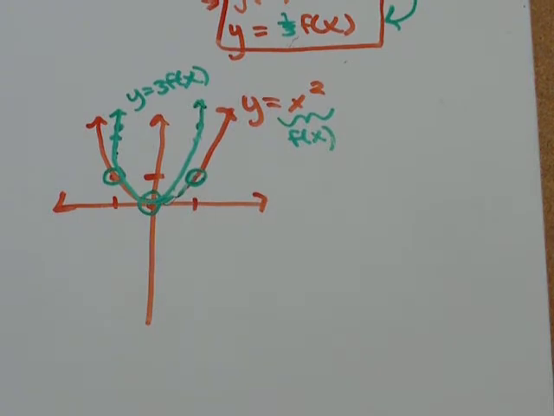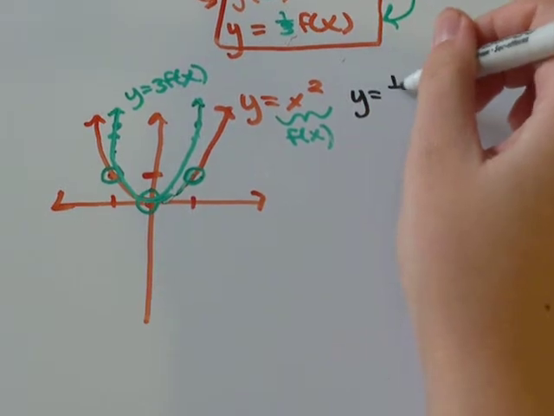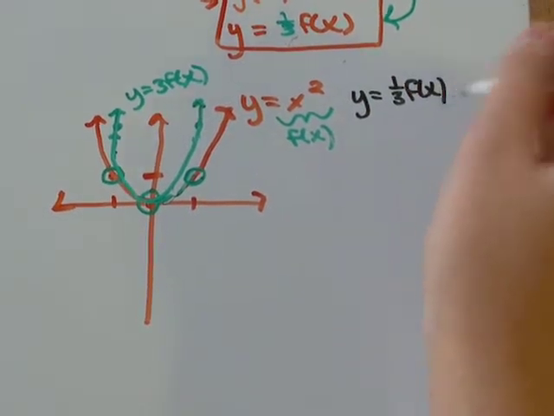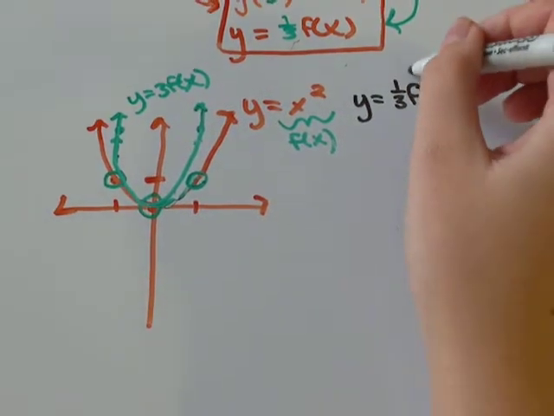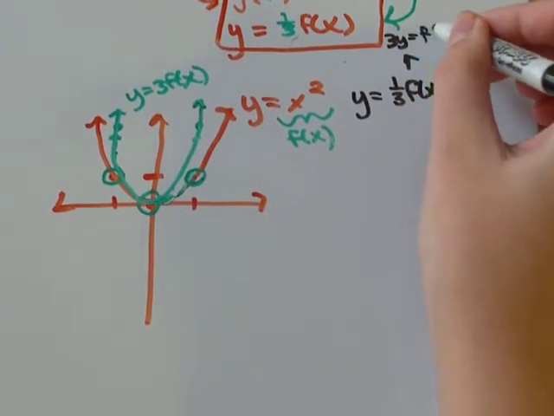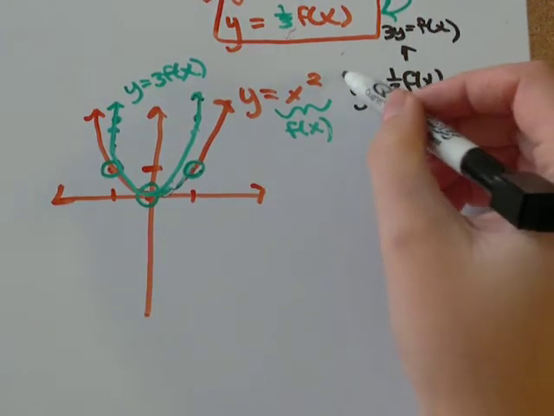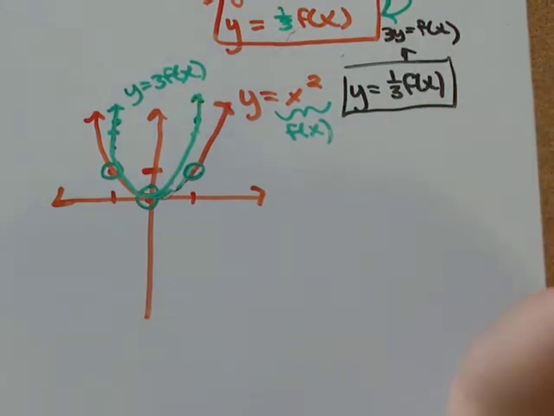Instead of y equals 3f of x, we're going to graph y equals 1/3 f of x, also the same as 3y equals f of x. It means exactly the same thing. And so we're working with this one right here.